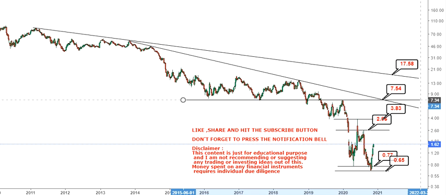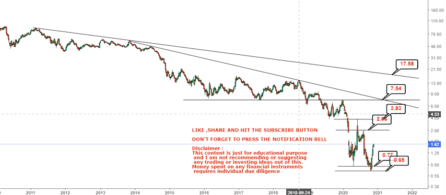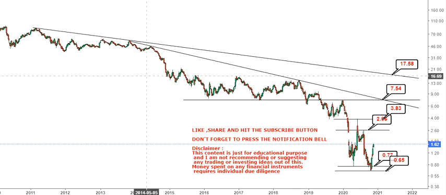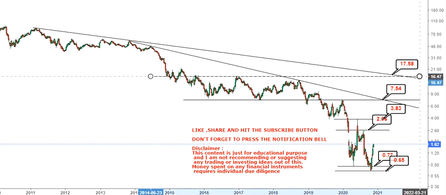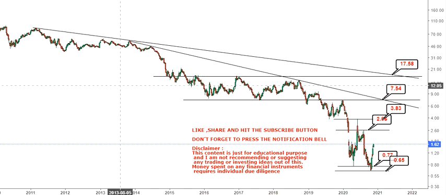If you apply a straight line, you will have 7.54, because this was the big support level, and you can probably apply the same kind of trend line for 17.5 as well. This is just to show you how technical analysis works. It is not like we are drawing random lines.